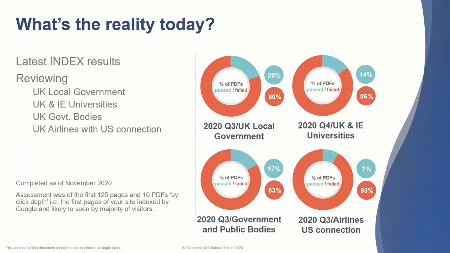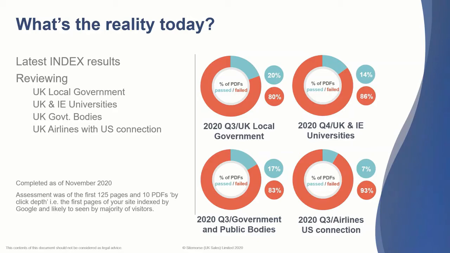If you're familiar with the Sitemorse Index, you'll know we have a vast amount of data on tests we perform, and thus we can say with confidence the state of accessibility on websites today. For example, each quarter we assess all the UK local government websites, regardless of whether they're a Sitemorse client or not. Typically, this involves millions of individual website tests. Unfortunately, we very rarely find a website where all the PDFs are accessible.